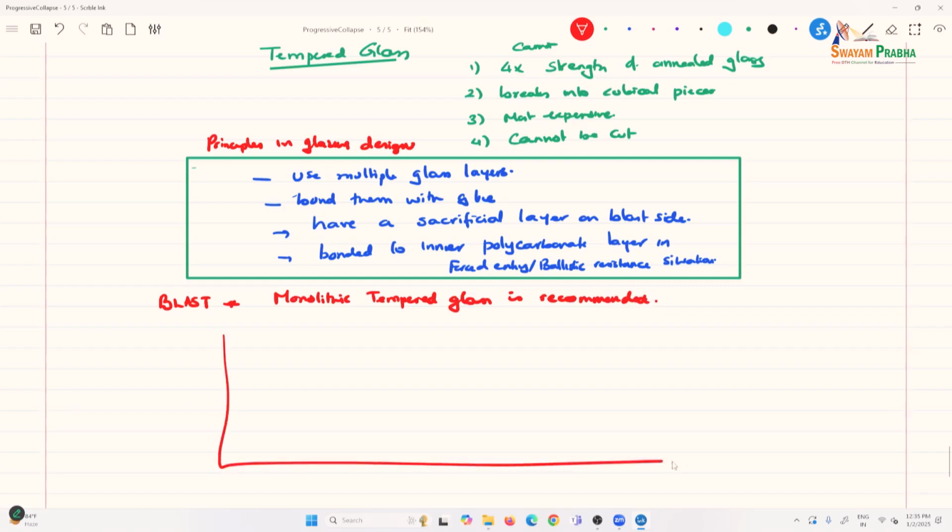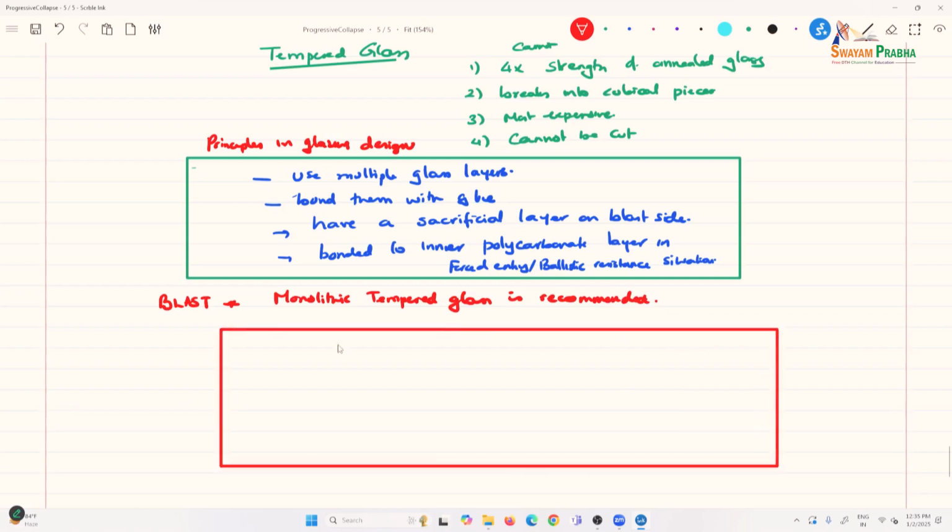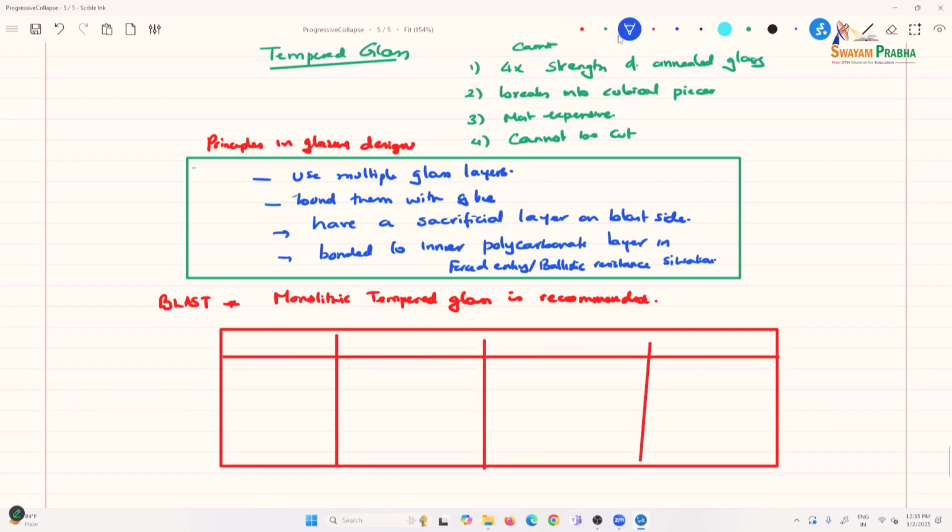So, here is a brief table on the properties of glass, the type of glazing, the max stress in KSI, the elastic modulus again in KSI, and Poisson's ratio.